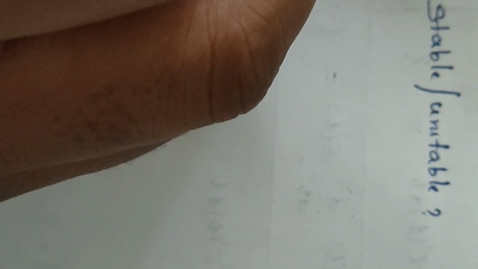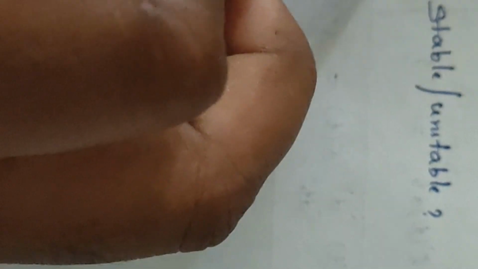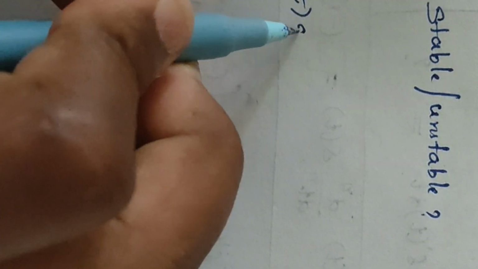Here we can write dy by dt equals x of t. Y of t equals the integration from minus infinity to infinity of x of t into dt.